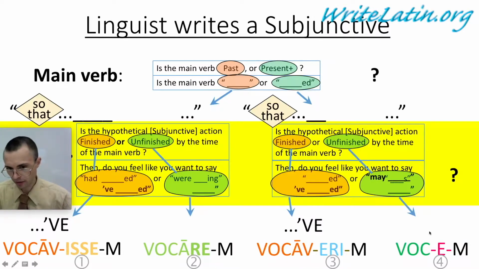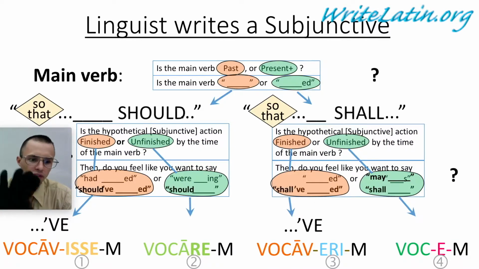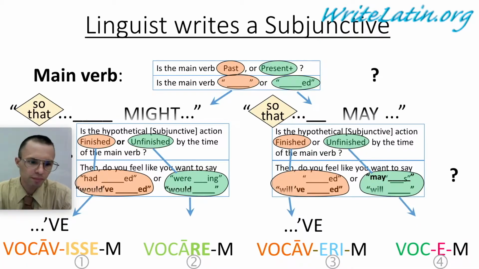On the right here, if you've got a present main verb, then it will be vocaverim or vocem, depending if you want to be looking to the future or to the past. Over here on the left, you'll pick from one of these two verbs, vocarem or vocavissem. And you can see that you can use any of the four subjunctive words, whichever one you please. Should, would, might, could, it doesn't matter.